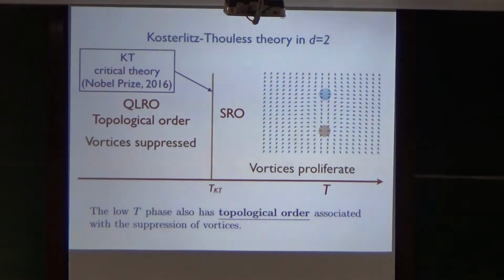So jumping ahead a bit, some people say topological order is degeneracy on a torus of ground states. Well, that's true, but that's a definition that only works for a gapped system. If you have a gapless system, there's often cases where you definitely need the idea of topological order.